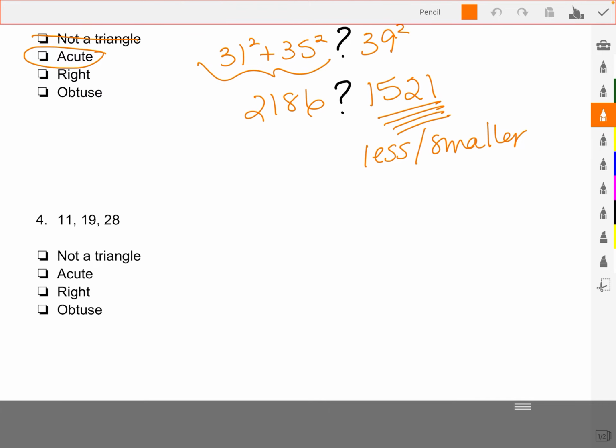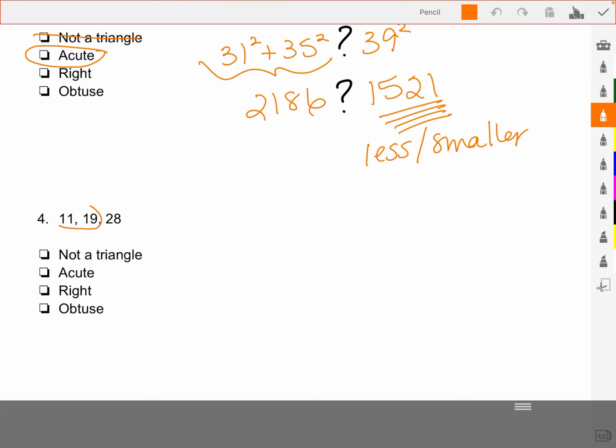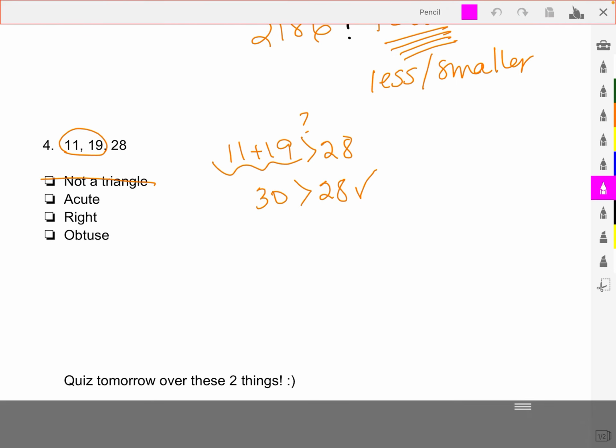All right, last one. 11 and 19 compared to 28. 11 plus 19 is 30, and that is bigger than 28. So it is a triangle. Let's see what kind. a squared plus b squared compared to c squared.